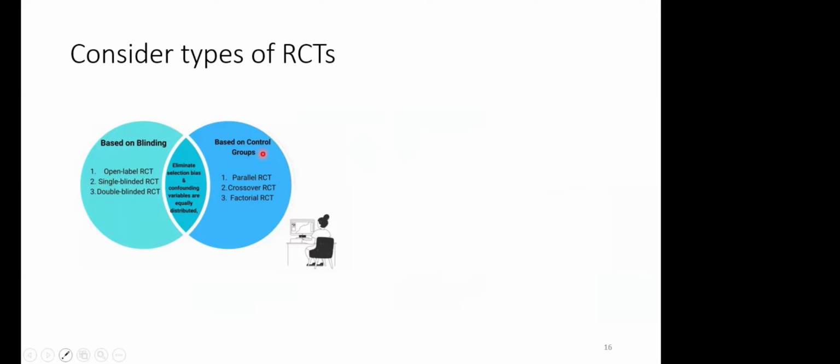Then RCTs can also be classified based on control groups. They can be parallel RCTs. In parallel RCTs, there are usually two groups, one that receives the intervention and another that receives the placebo or control, or the drug that is currently used for that condition.